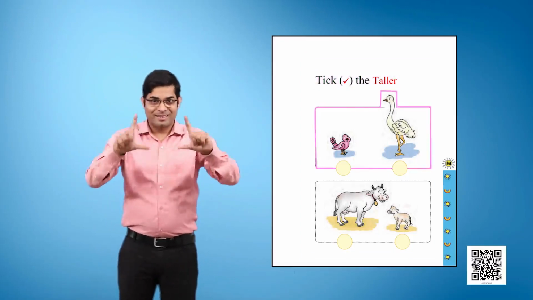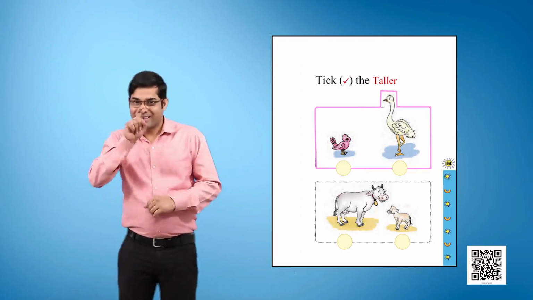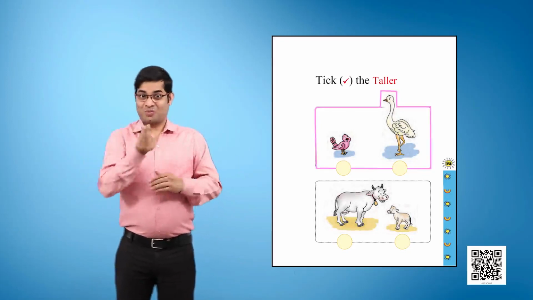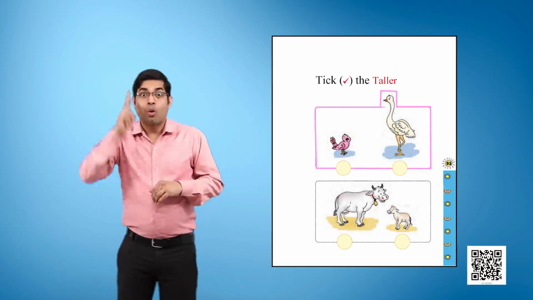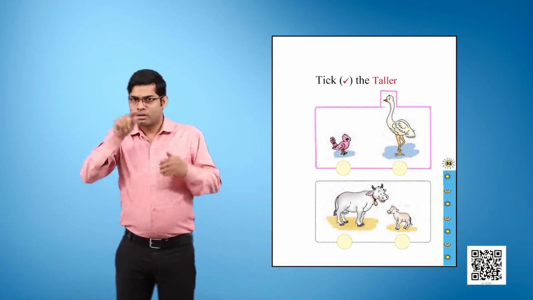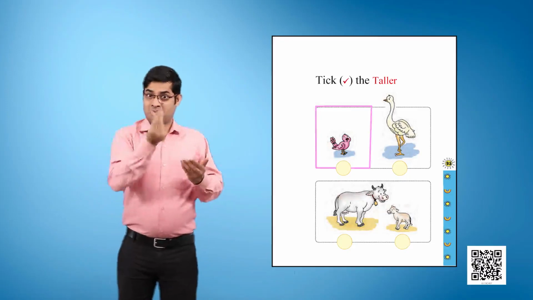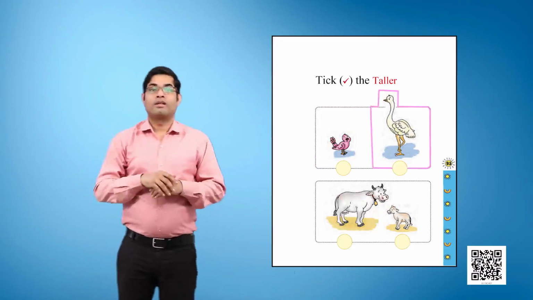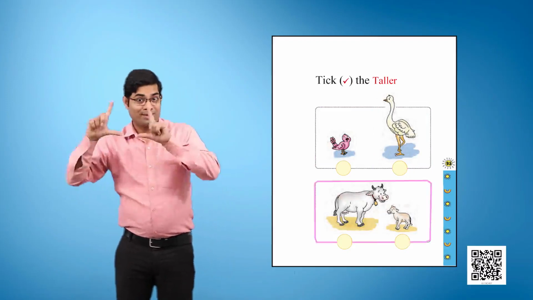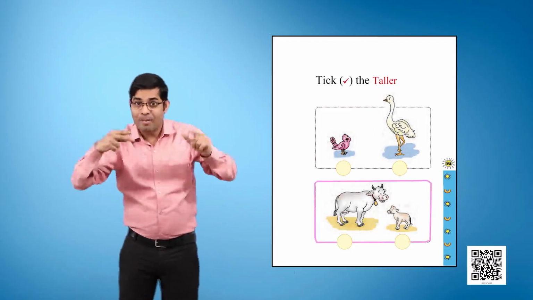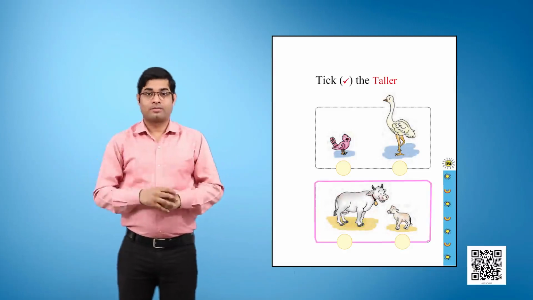Part 2, Picture 1 shows a chick and a swan. You have to tell which one is taller, the chick or the swan? Picture 2 shows a cow and a calf.